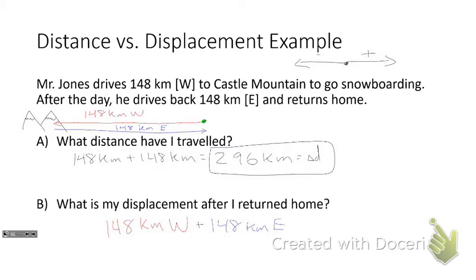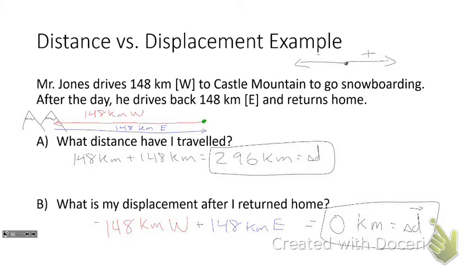So in this case, if I said west was negative, it would be negative 148 kilometers plus positive 148 kilometers, because going east is positive, and that is going to equal 0 kilometers, which is equal to delta D. And what am I going to put on this one because it's displacement? The vector cap, the vector hat, whatever you want to call it.